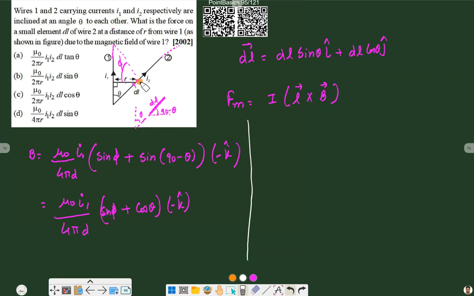The current in the conductor with that dl is I2. For the length, we take dl common. We have dl times (sin theta i plus cos theta j), cross product with the magnetic field.